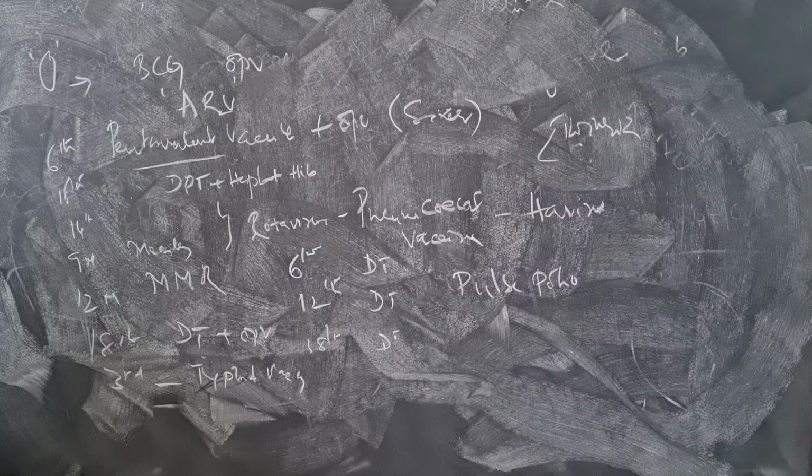Now moving on to passive immunity. I told you anti-diphtheric immunoglobulin, anti-rabies immunoglobulin. That passive immunity also can be classified as natural and artificial.